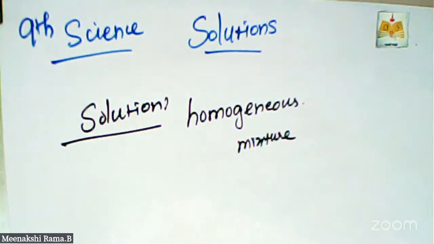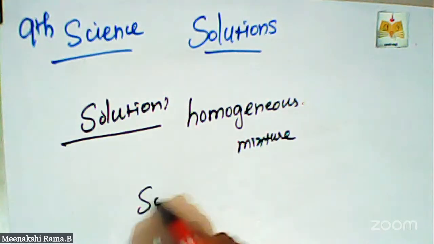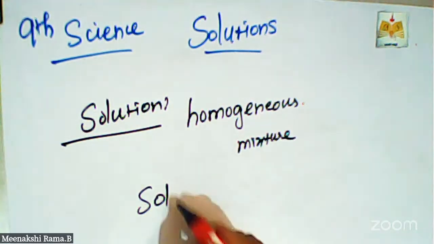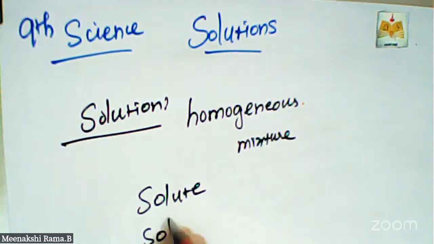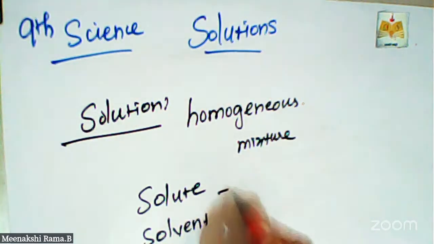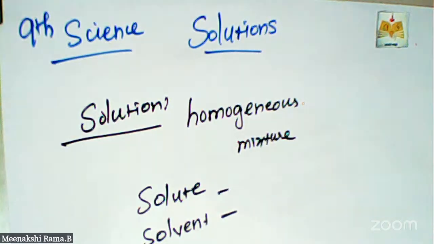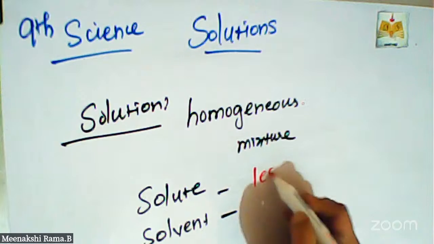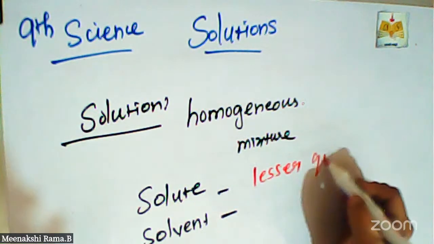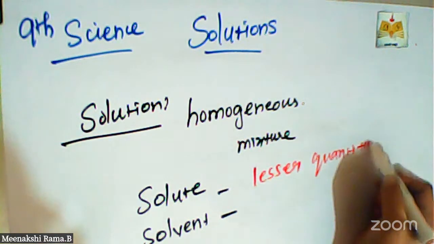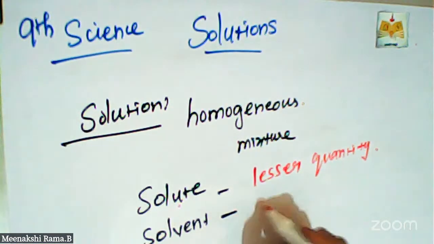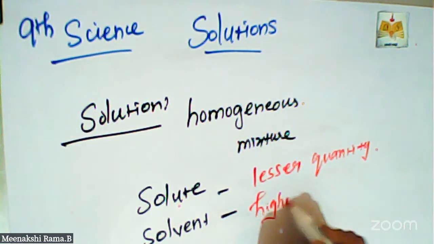So in that solution, there are two kinds of components. One is solute and another one is solvent. The lesser quantity component is called solute, and the higher quantity component is called solvent.